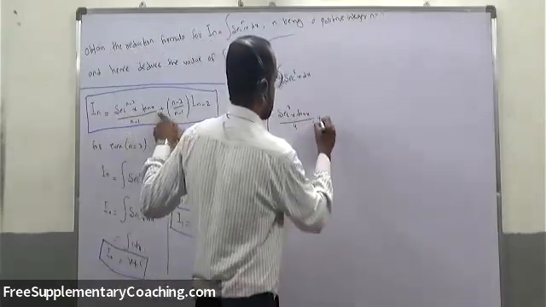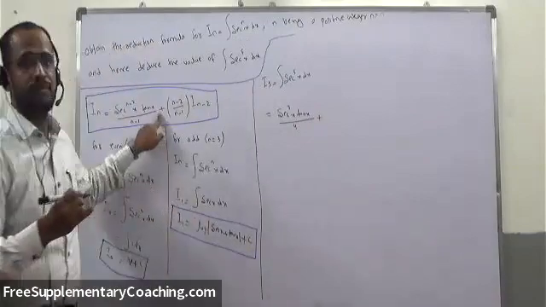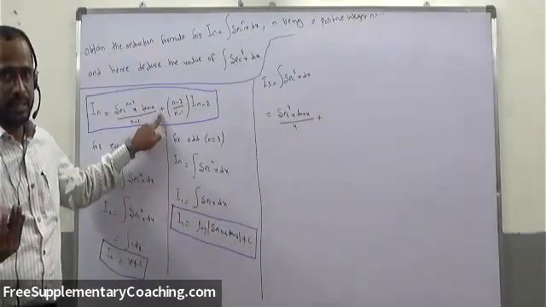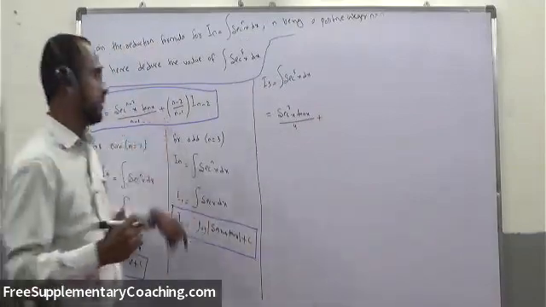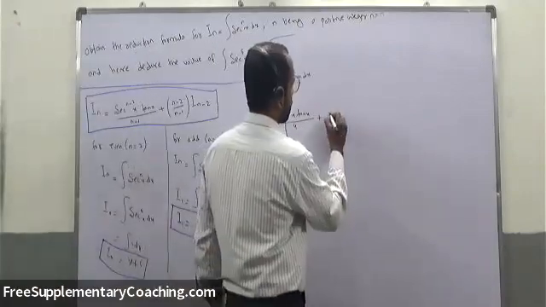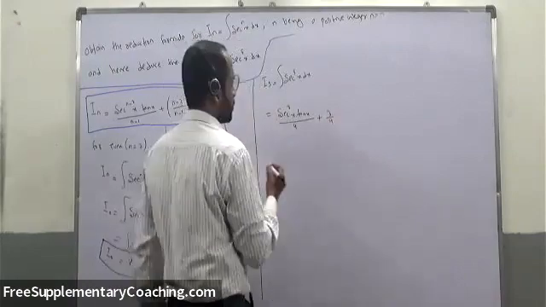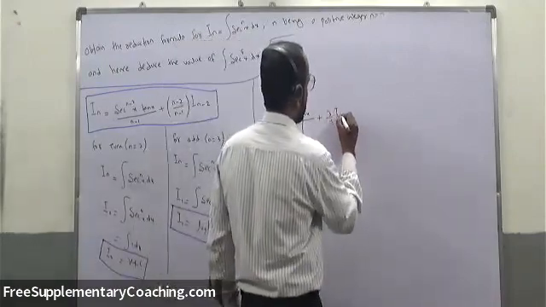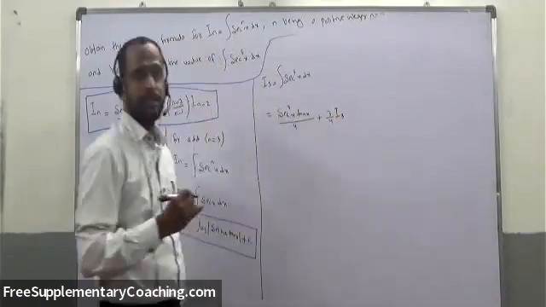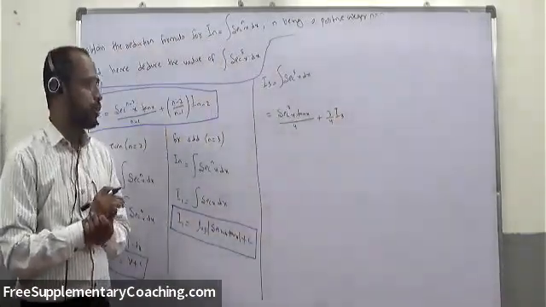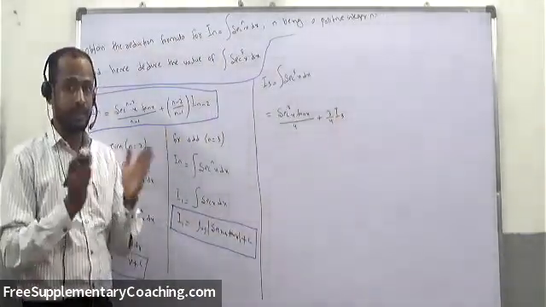Plus n minus 2 by n minus 1. 5 minus 2 is 3, 5 minus 1 is 4. So it is nothing but 3 by 4. Then again I_(n minus 2), that is I3. This is the reduction form for the first step.